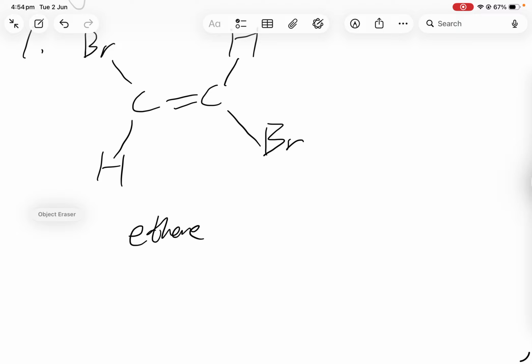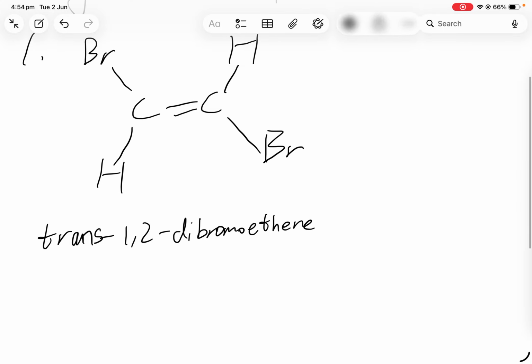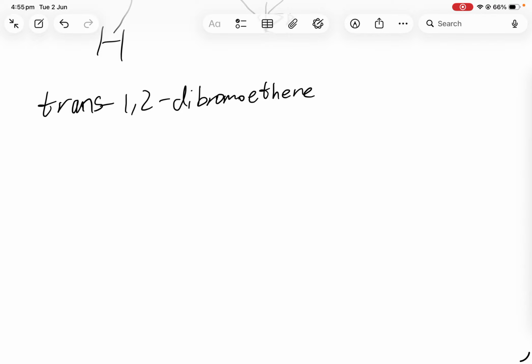Then, because it's on different sides instead of on the same side as cis, it's trans, and it'll be 1,2-dibromoethene, because ethene can only have the double bond in the middle, so we don't have to write 1-ene, 2-ene.